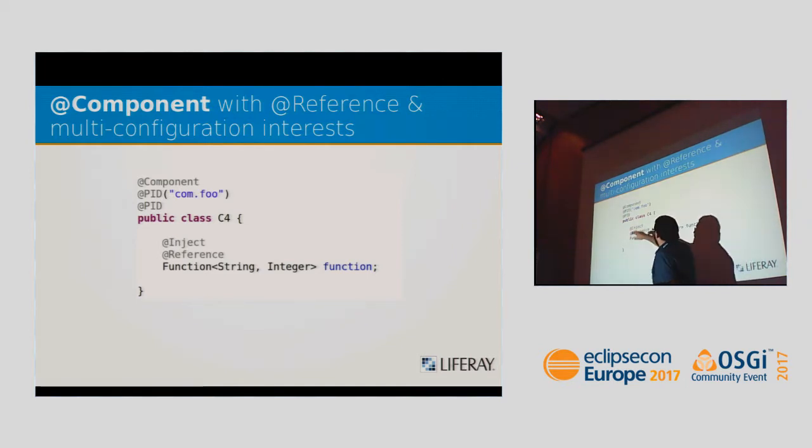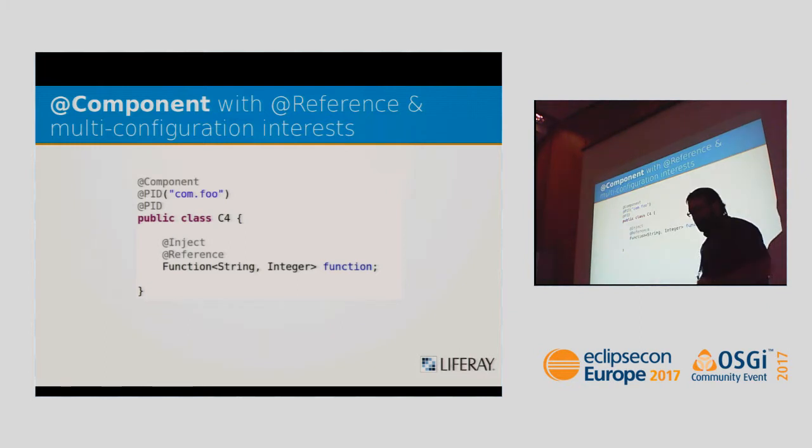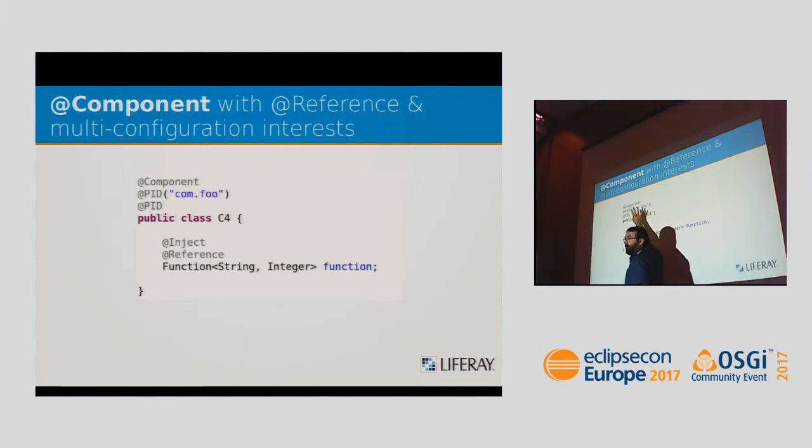And those configurations could affect the reference here, cardinality and target filter. And if this service dependency goes away, or these configurations are modified in such a way, or they're deleted, it's not clear yet, I'm leaning towards these being both, in this case, optional dependencies.